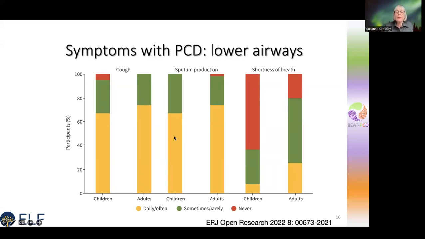Similarly, when we talk about sputum production, that's sometimes difficult to determine in children, but we would expect people with PCD to produce sputum daily. And shortness of breath is not such a problem in children. About 10% or 1 in 10 children will report shortness of breath, but it is more common in adult patients.